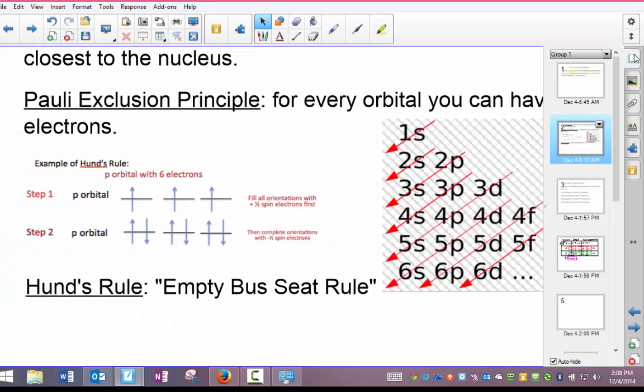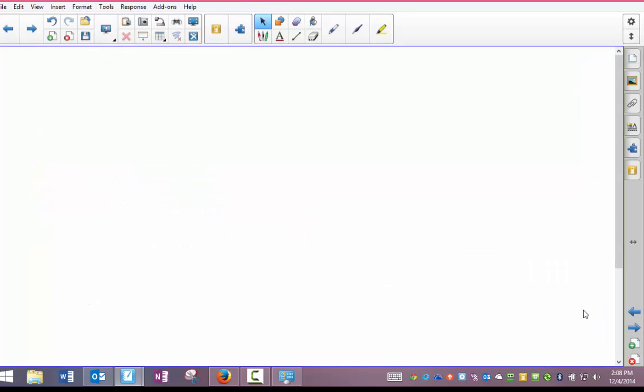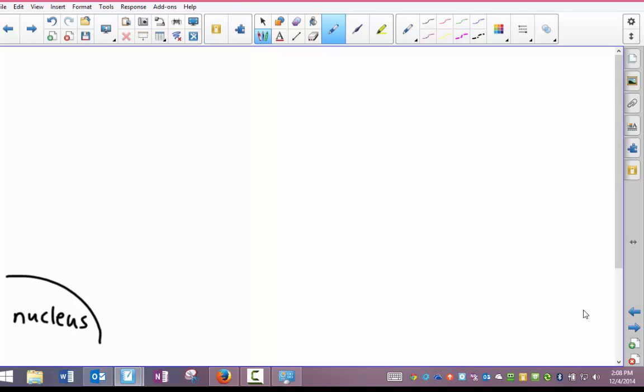If you remember the Pauli exclusion rule, that 2 electrons can occupy a space, this next part will make total sense to you. You'd want to draw your nucleus in the bottom left corner of your paper. Then you have your first cloud, and we're going to represent our first cloud as level 1.